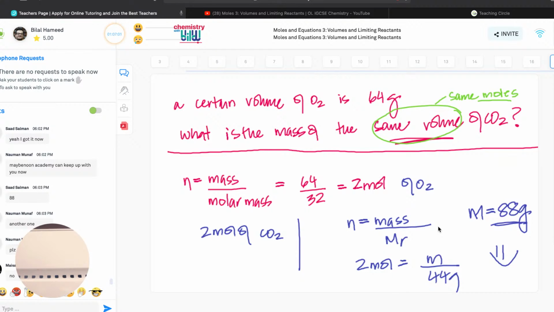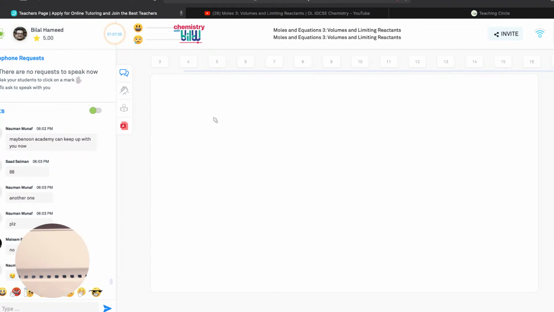Okay, another one. So the volume of 48 grams of ozone gas.